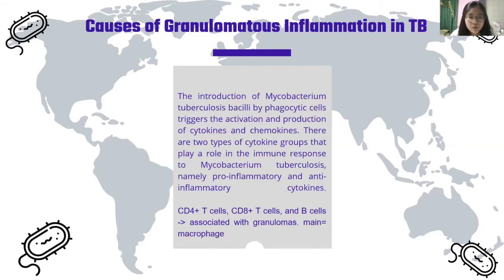A number of pro-inflammatory cytokines are involved in the infection process of Mycobacterium tuberculosis, including interleukin-8 or IL-8, that is involved in the immune process against Mycobacterium tuberculosis infection associated with tissue inflammation and granuloma formation. This interleukin-8 attracts T cells into tuberculosis granuloma formation.